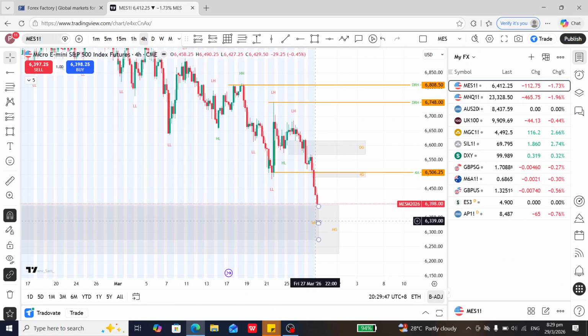Most likely, because of this bullish gap, I think the market will have some kind of reaction and retrace back. So minimally it has to go back to this area. This area is a 4-hour gap, and what I drew is a 4-hour fair value area. This one on top is a daily gap.